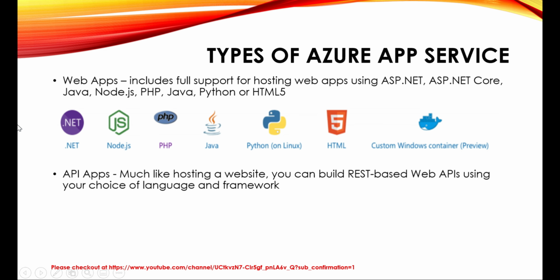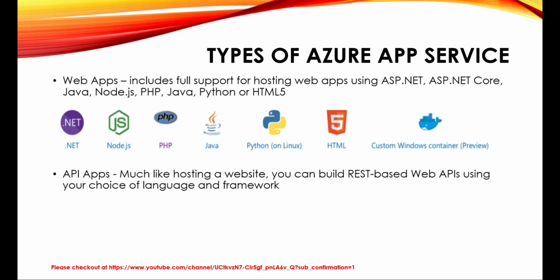Next, API apps. Much like hosting a website, you can build REST-based web APIs using your choice of language and framework. You get full Swagger support and the ability to package and publish your APIs in the Azure marketplace. So the produced apps can be consumed from any HTTP-based client.